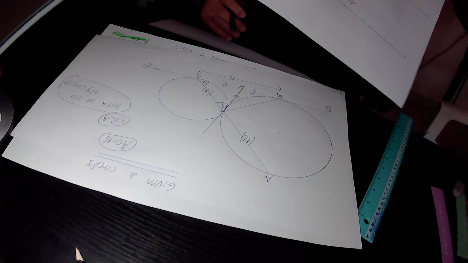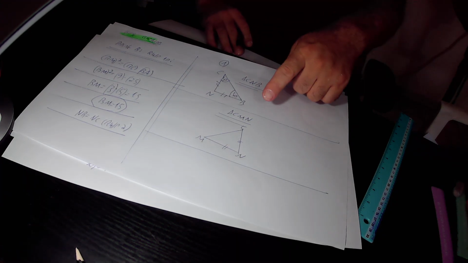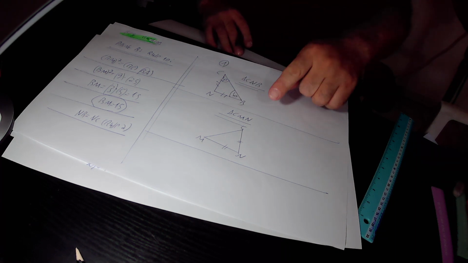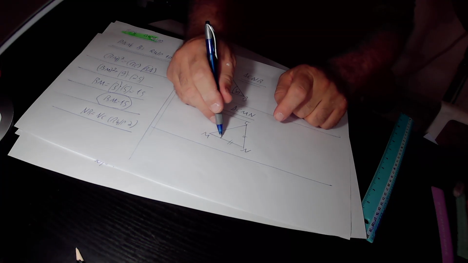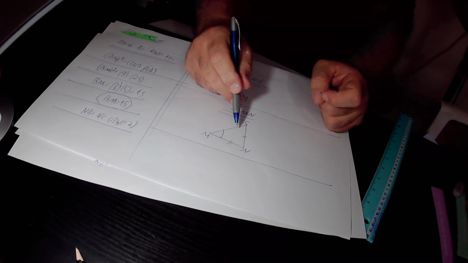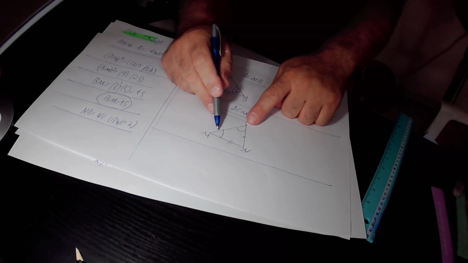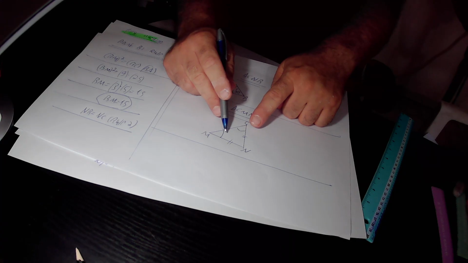So actually, this is triangle CMN that I copied from the original drawing. In this triangle CMN, side CN equals side MN. In front of this side CN, we have this angle. In front of this side MN, we have this angle. Because those two angles are located in front of equal sides, they must be equal to each other in size.